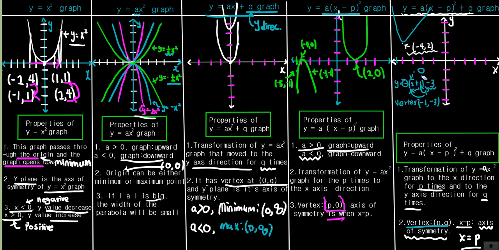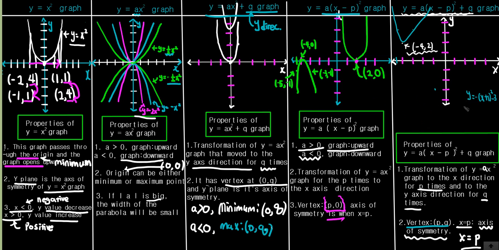So if we actually graph it, I'll write our function here: y is equal to negative (x plus 1) squared minus 3. We figured out our vertex, negative 1 comma negative 3, which is going to be right over here. And this is going to be our maximum point. Let's look at our other points to graph this function.